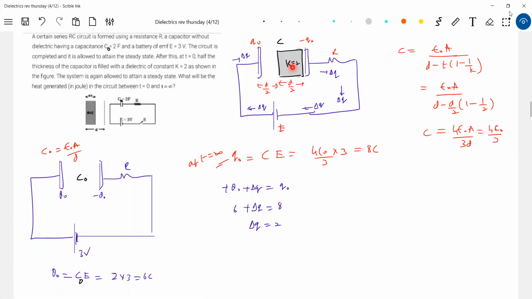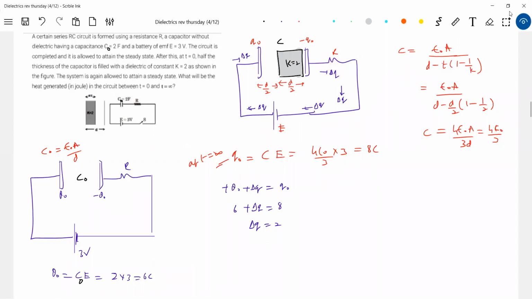There's a condition here. So there was some energy in the capacitor earlier. The battery did work, and some current will flow across the resistor. So this is the heat generated, no? So here is where the heat will be generated.